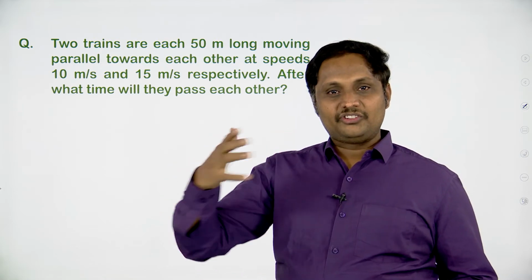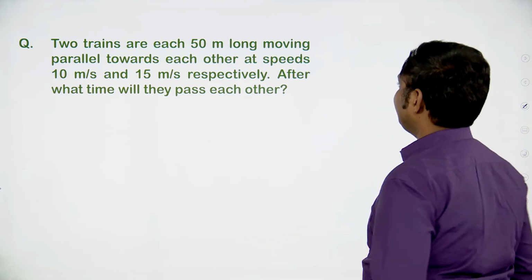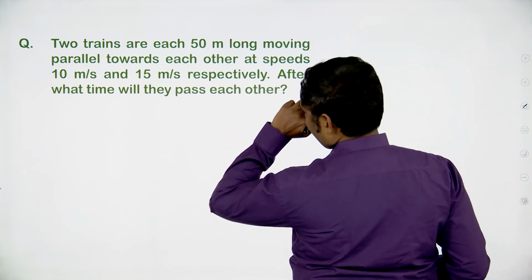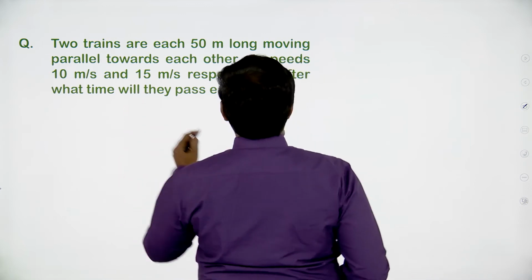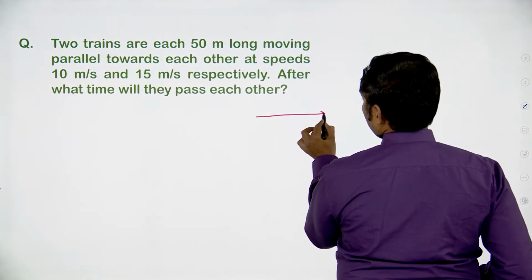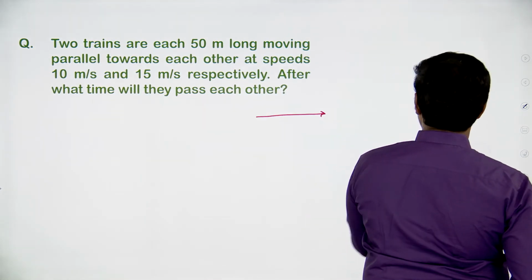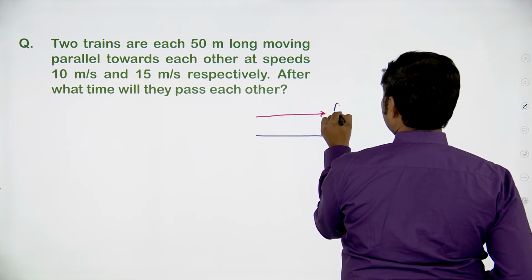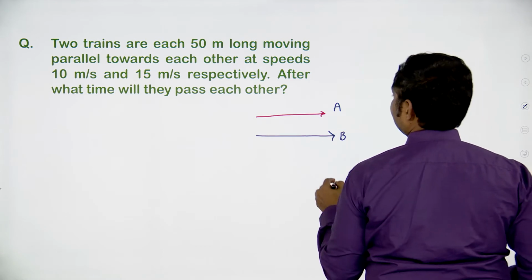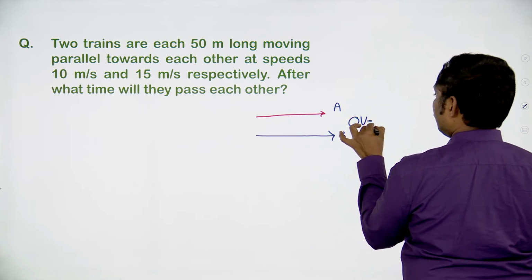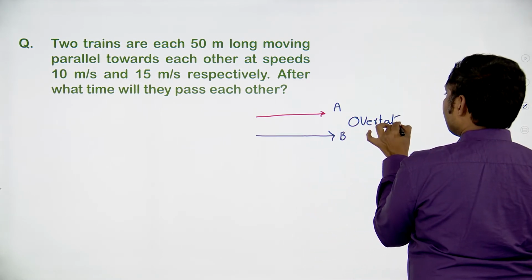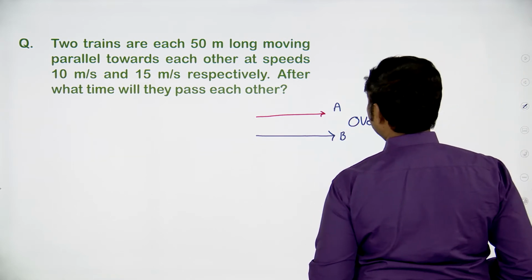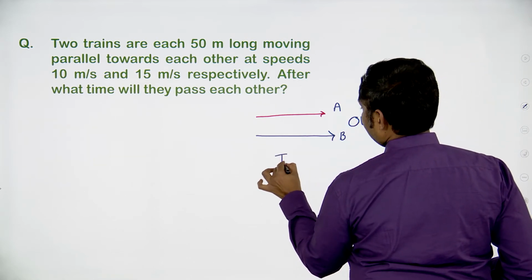Overtaking and crossing, you have to look into that matter. This is the case we would like to go for. This is going to be A and B, which is going to overtake. In this case, we would like to take the total distance.